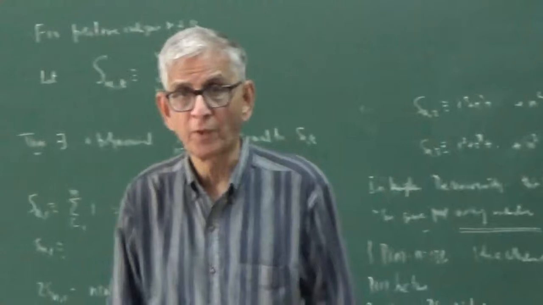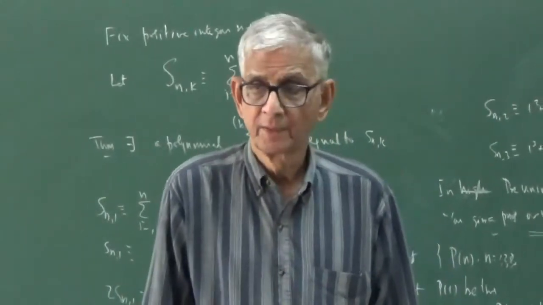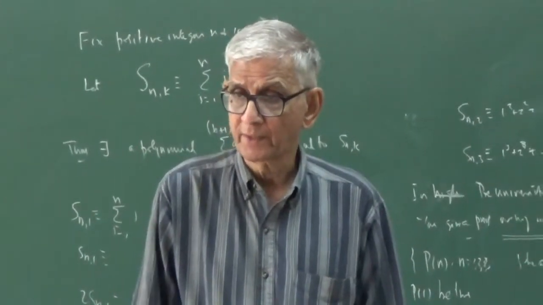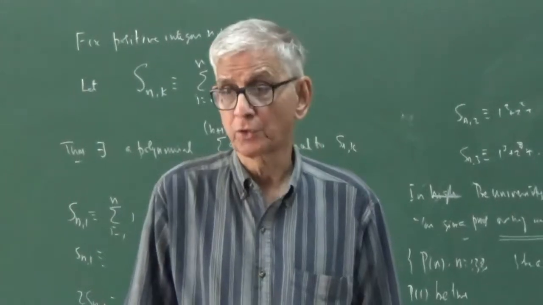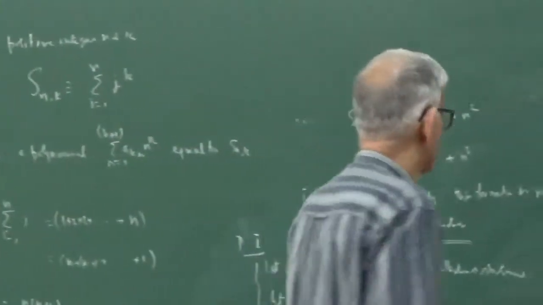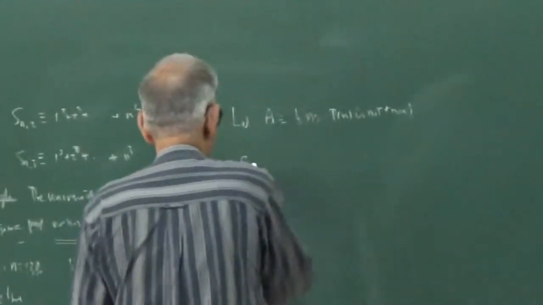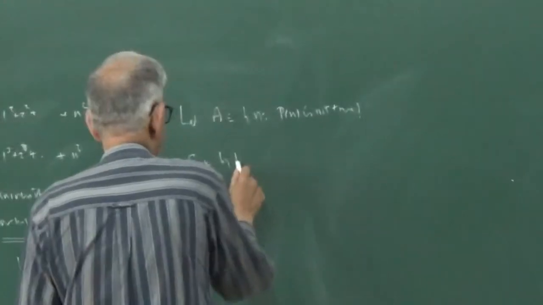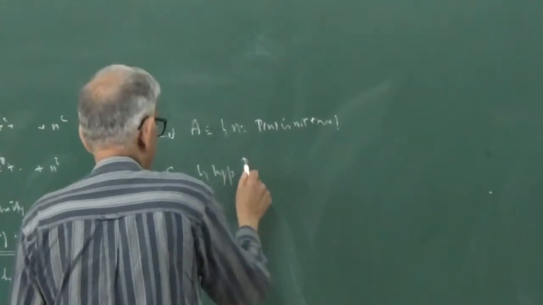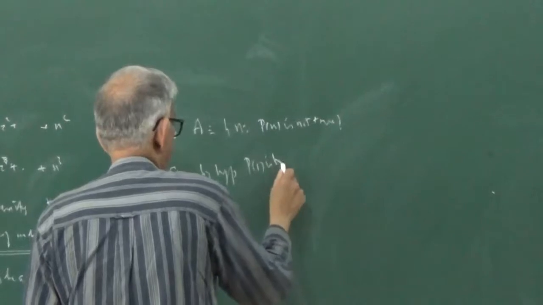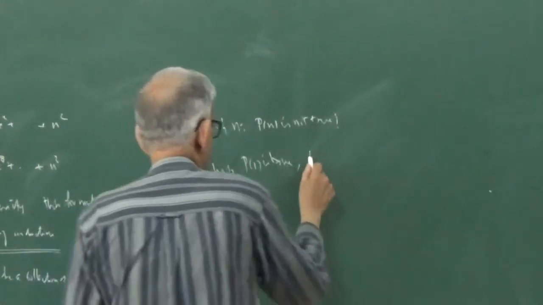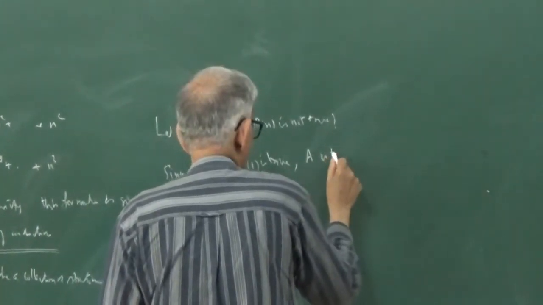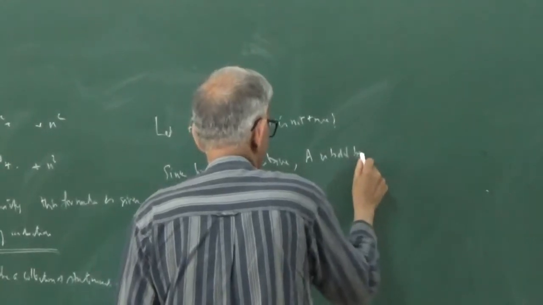We want to prove that A is empty. We know already that A does not include 1, since by my hypothesis P of 1 is true. A is bounded below by 2.